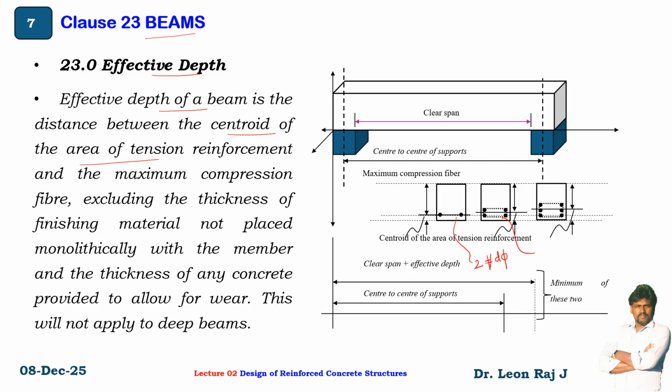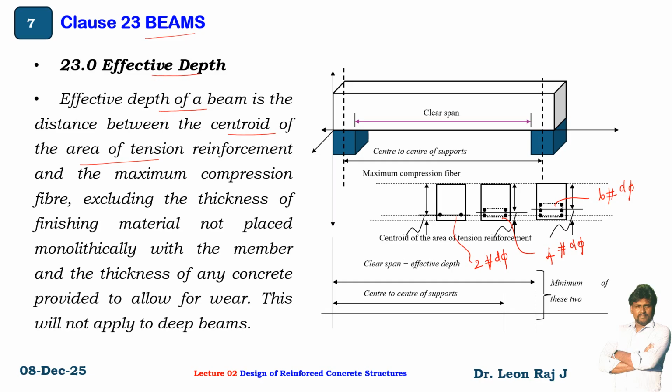Here you can see four numbers of D diameter bars. Here you can see six numbers of D diameter bars. So the centroid of the area of the tension reinforcement. So this is the total area.